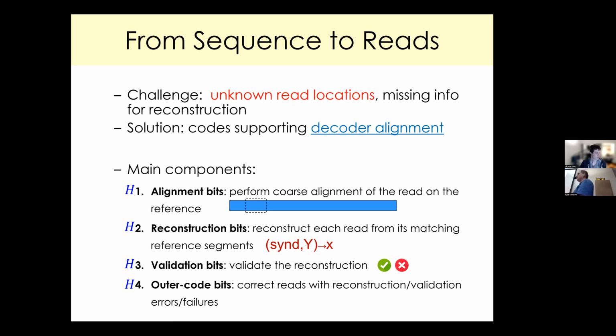But because sometimes we will fail or have errors in some of the reads, we need this external, outer code that will correct those, such that with high probability all the reads are perfectly reconstructed. Those 4 steps correspond exactly to the 4 components of the parity check matrix that I showed you at the beginning, when presenting the solution.